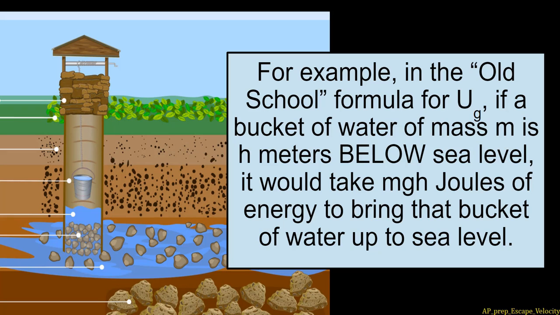The reason I ask where infinity is, where sea level is, and what it means to have a negative number is to give you a heads up for this slide. Something that I think will make more sense, a little more concrete: you have a bucket of water below sea level.